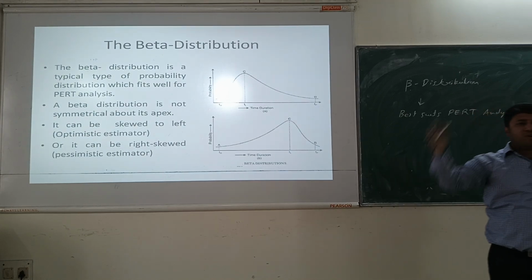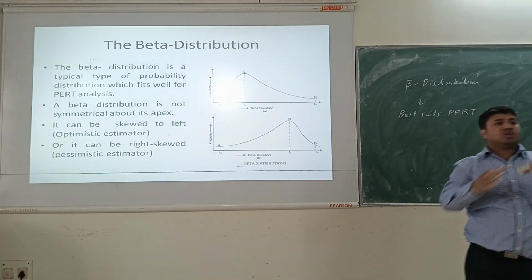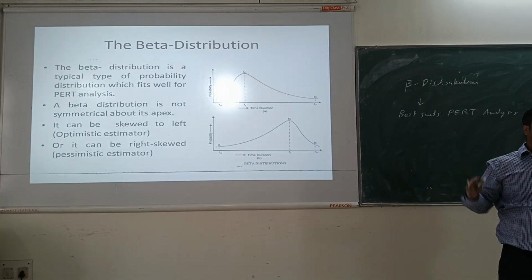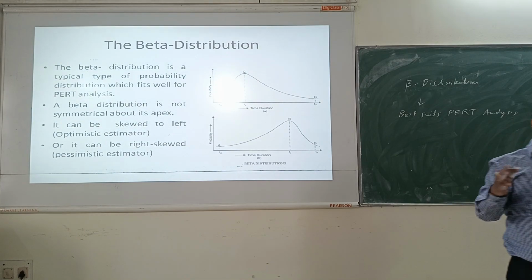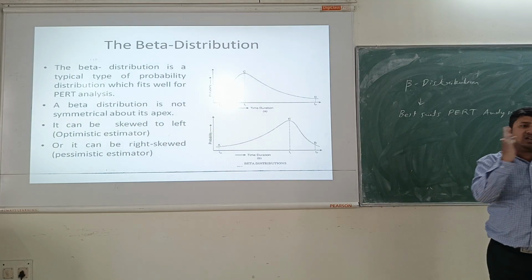But if you see the overall aspect of the frequency distribution, the overall project, then you will find that it is taking the normal distribution. If you consider the overall project, you will find that it is more or less symmetric at the center.